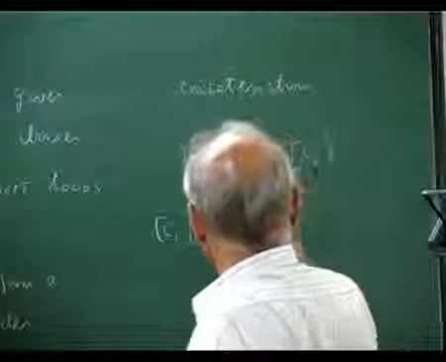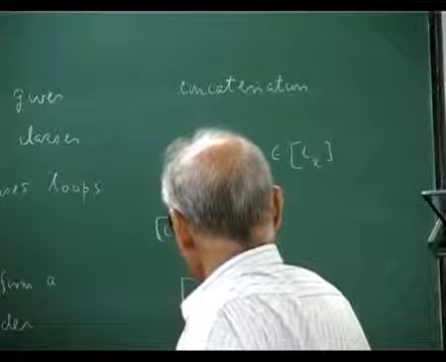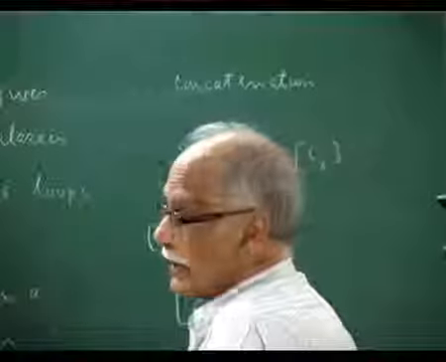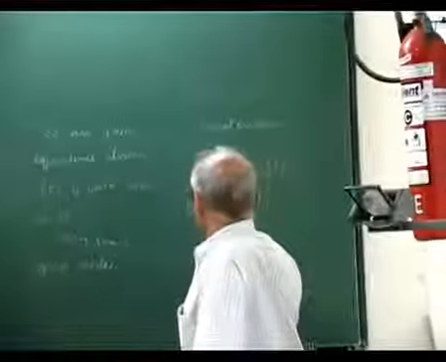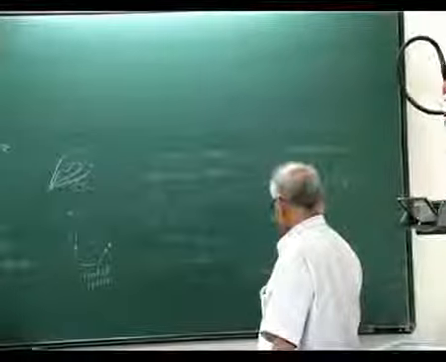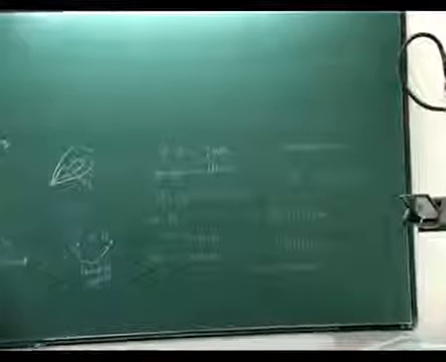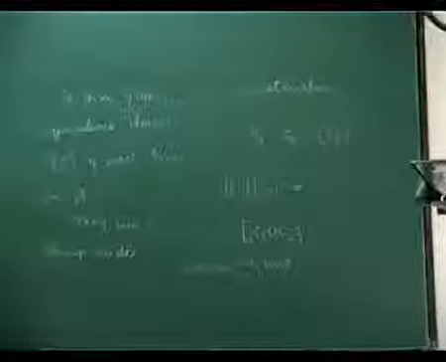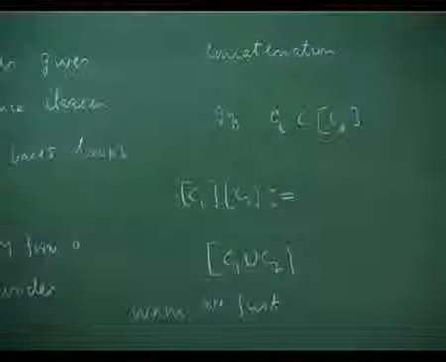You take any member Ci from here. It is the equivalence class containing C1 union C2, where we first traverse C1 and then C2.